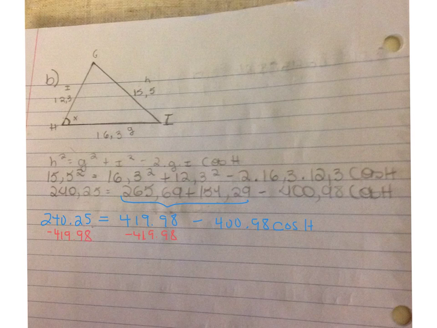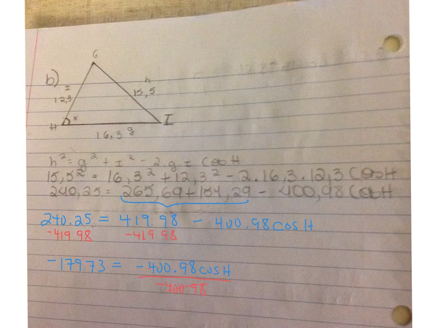All right, so if I subtract 419.98 from the 240.25, we get negative 179.73, and that's equal to negative 400.98 times the cosine of angle H. Okay, now that 400.98 is multiplying the cosine, so to undo that, we're going to divide both sides by negative 400.98.